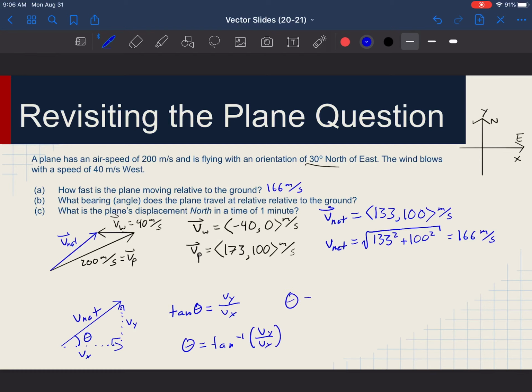Now if I plug in the numbers, Vy is 100 and Vx is 133. So inverse tan of 100 over 133 gives me 37. So theta is equal to 37 degrees.